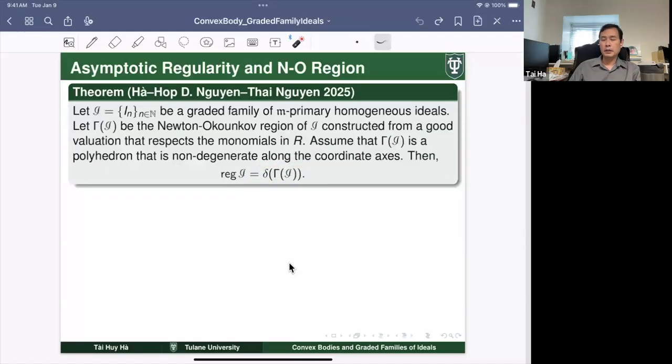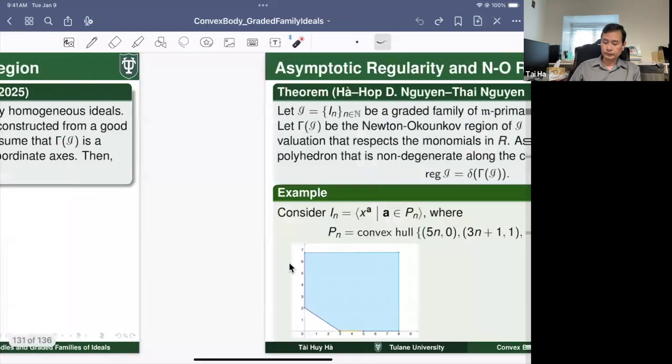So again, it can be computed from the vertices of the Newton-Okounkov body.